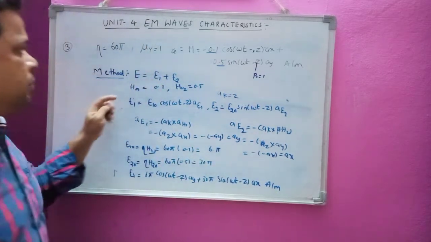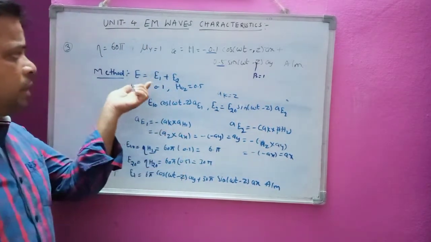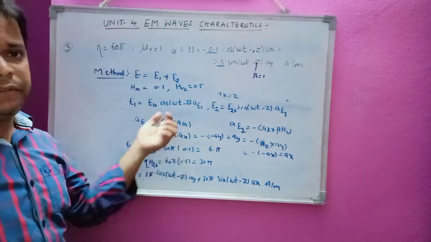So this is method 1, where we calculate E by splitting it into two components, E1 plus E2.